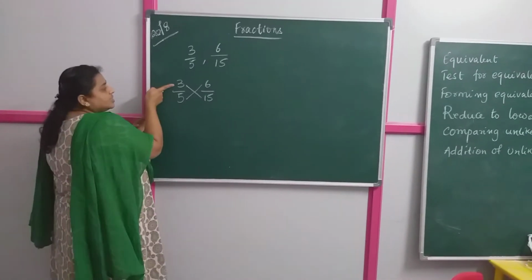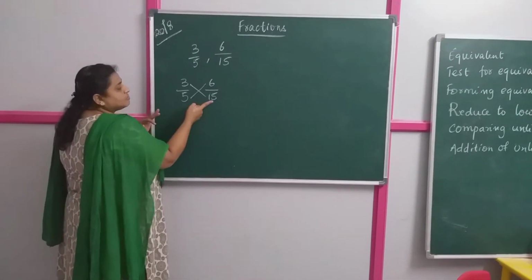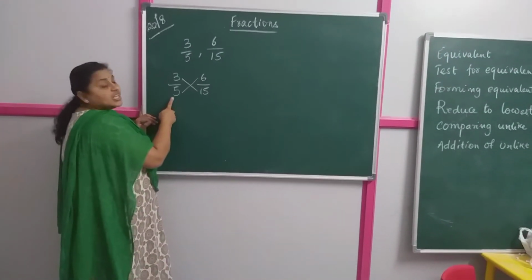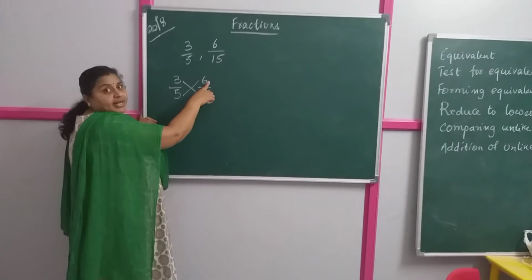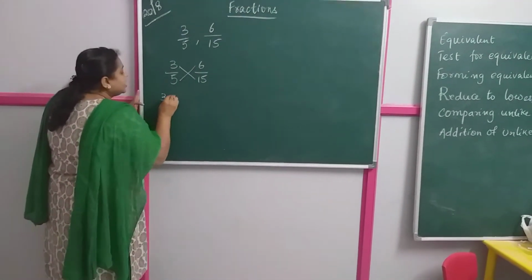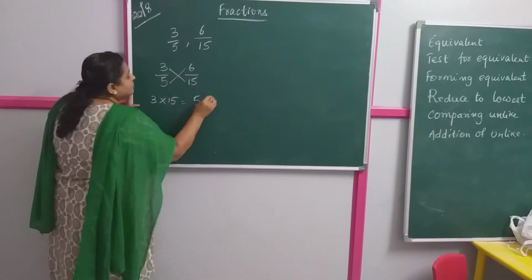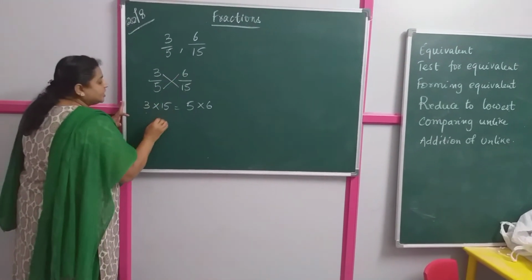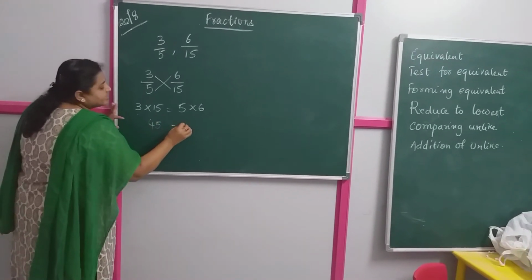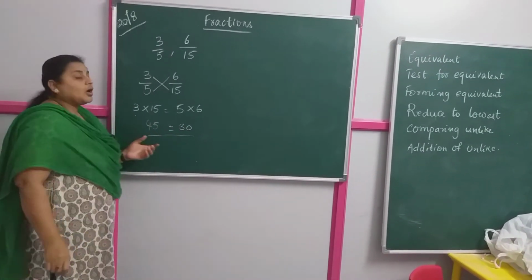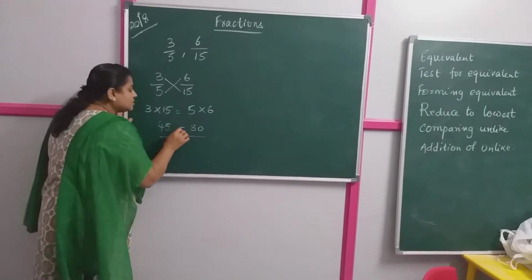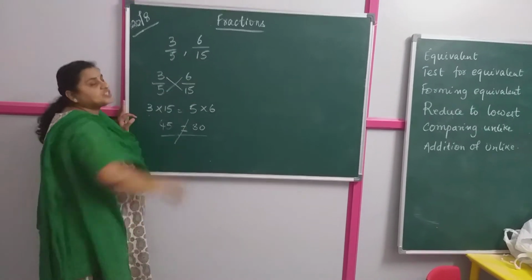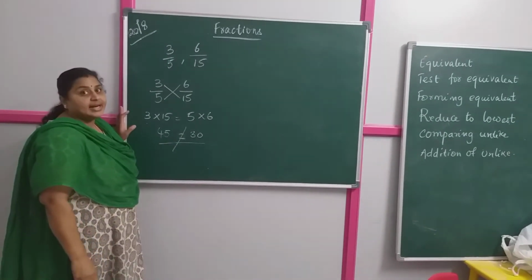The numerator of the first fraction is multiplied with the denominator of the second fraction, and the denominator of the first fraction is multiplied with the numerator of the second fraction. That is 3 into 15 and 5 into 6. 15 3s are 45, 5 6s are 30. Do we get the same product? No. Since 45 is not equal to 30, 3 by 5 and 6 by 15 are not equivalent fractions.